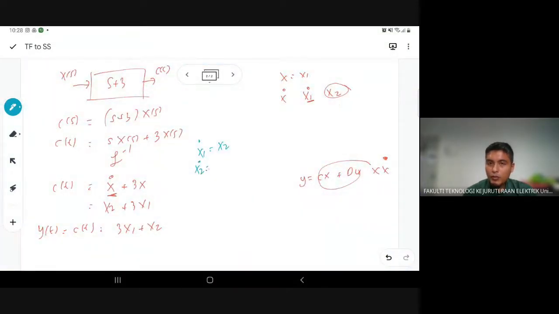X2 dot equal to negative 24X1 minus 10X2 plus R, and Y equal to 3X1 plus X2.